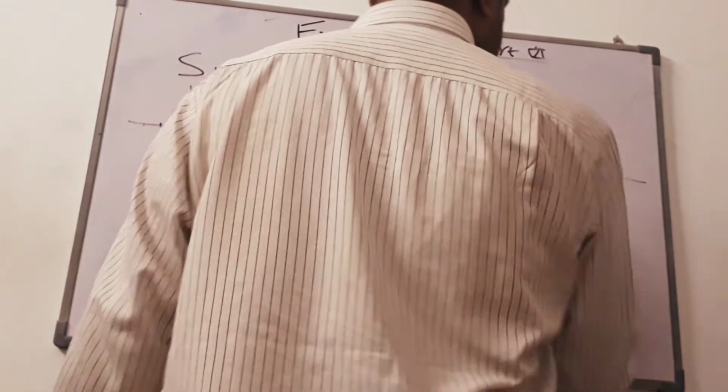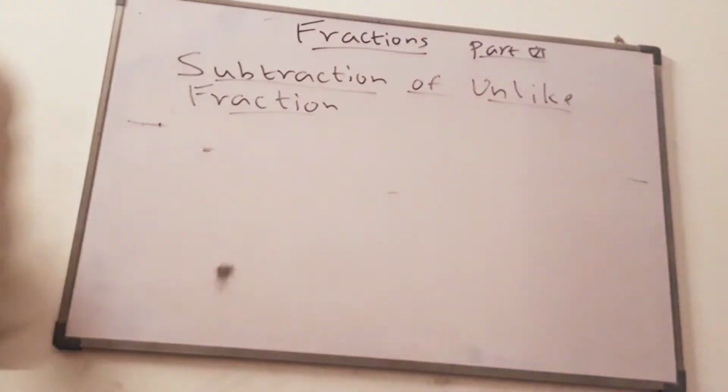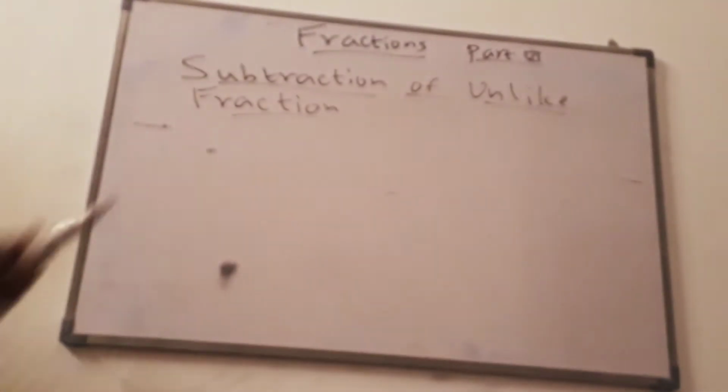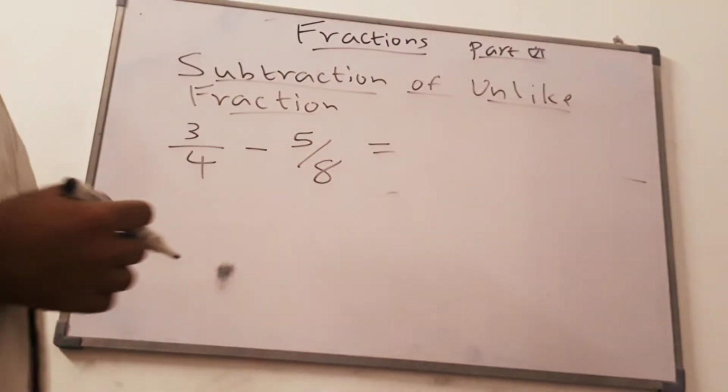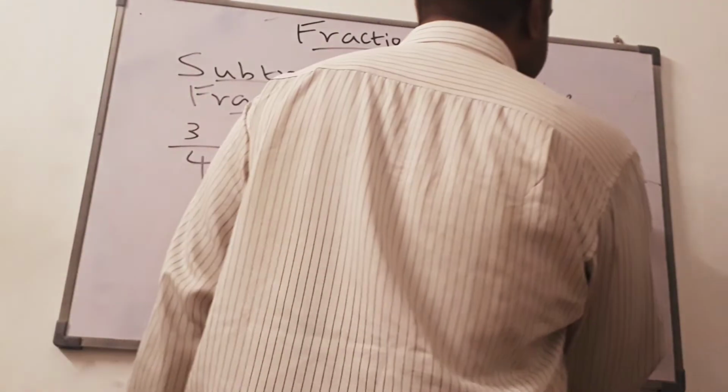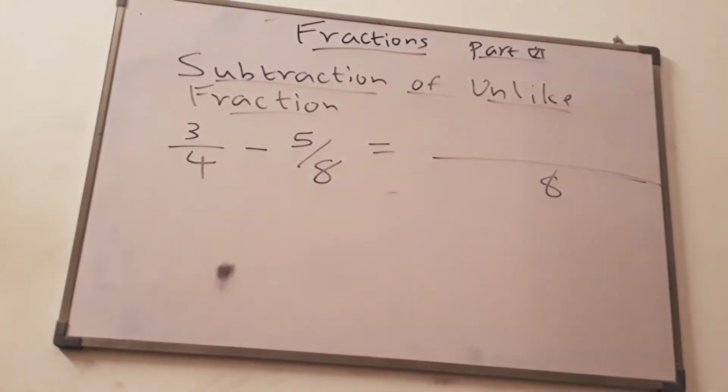Okay, we will do another sum. Suppose we are asked to subtract 3 over 4 from 5 over 8. Here also 8 is a multiple of 4, so we can take 8 as the common denominator.